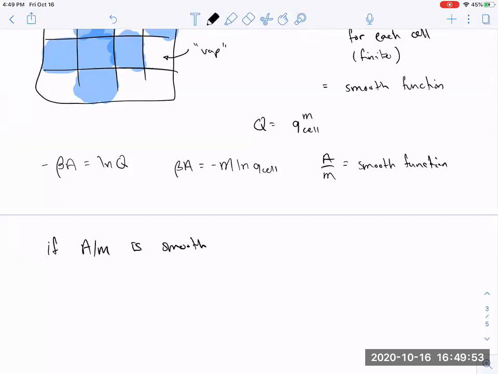And if A is smooth, we know that the volume is related to A, or the pressure is related to A by some derivative with respect to its conjugate variable, P or V, depending on whether A is the Helmholtz free energy or Gibbs free energy. If A is smooth, therefore, there is no phase transition. There's no way to have a singular response.